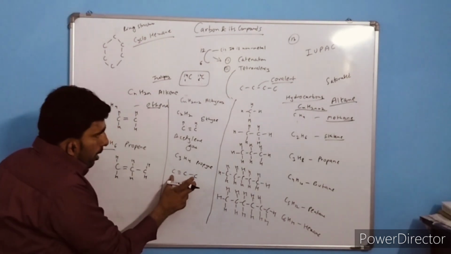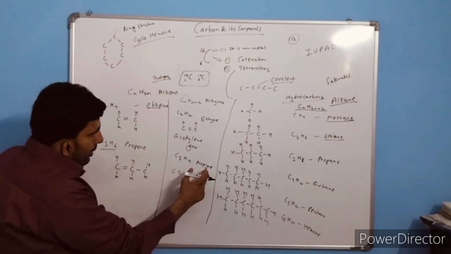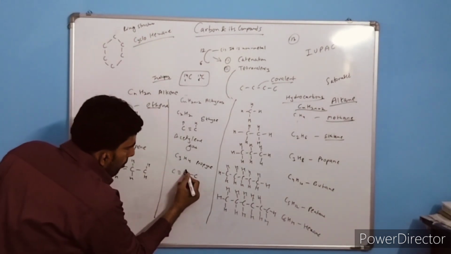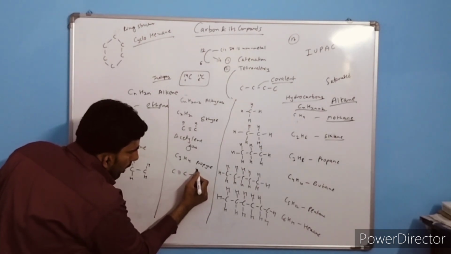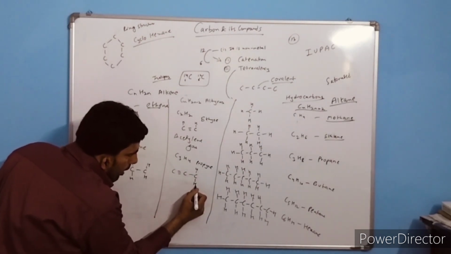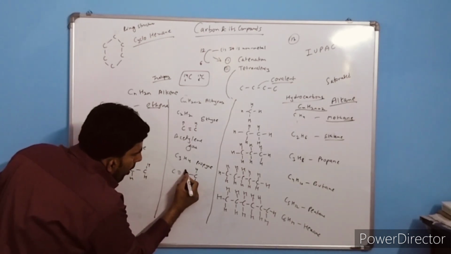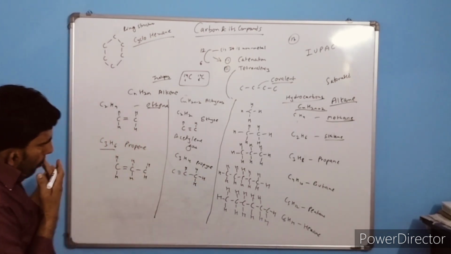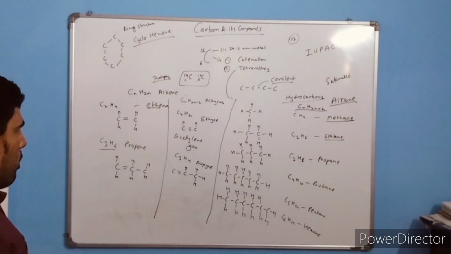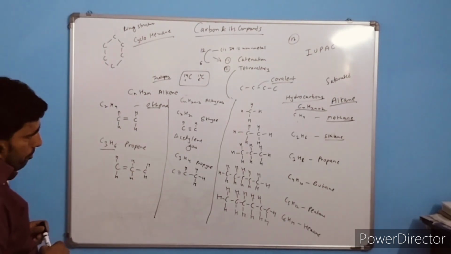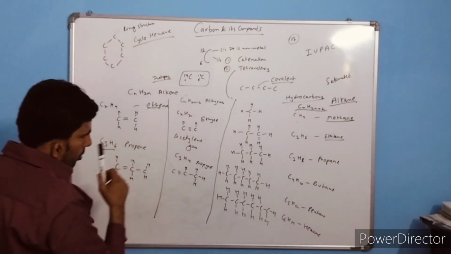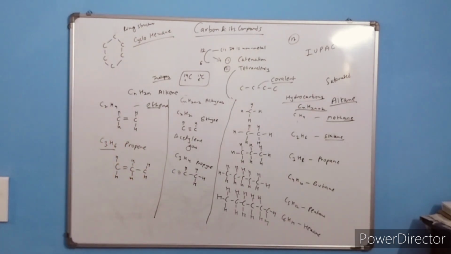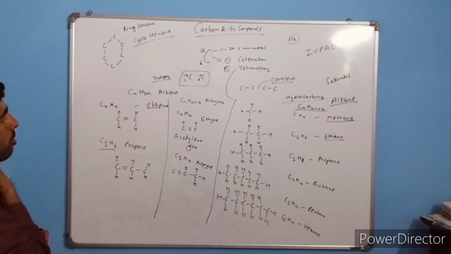Now this is C3, propyne. How many H? 4. There will be H here, and I can say H and H. So that is how I can easily do that. 1, 2, 3, 4. So that is what they are doing.